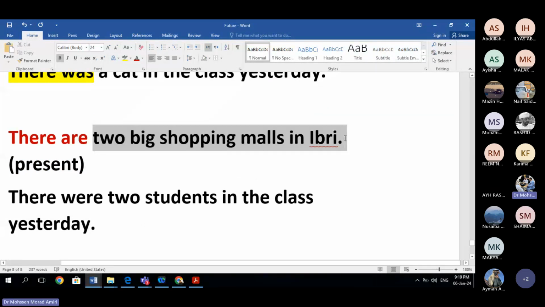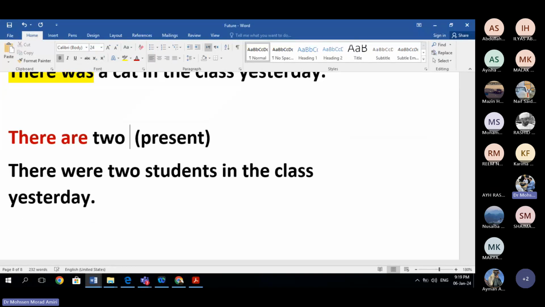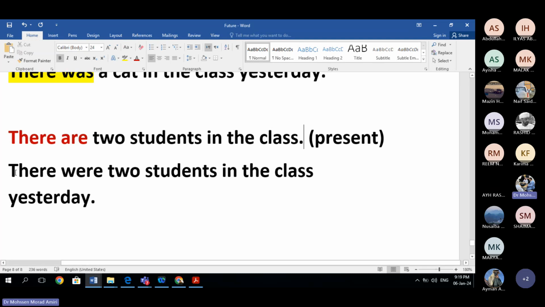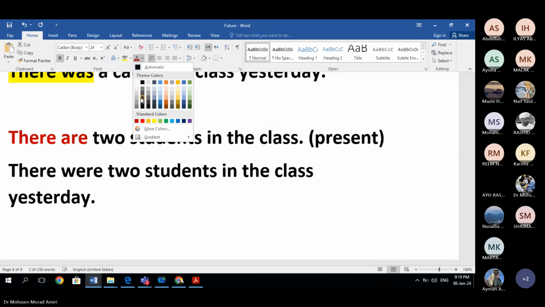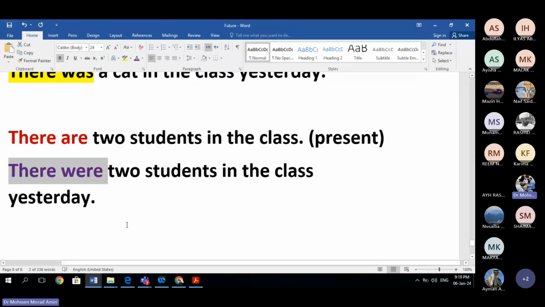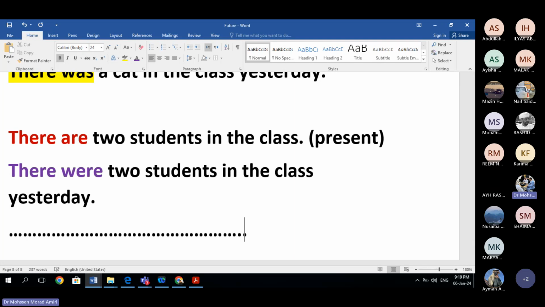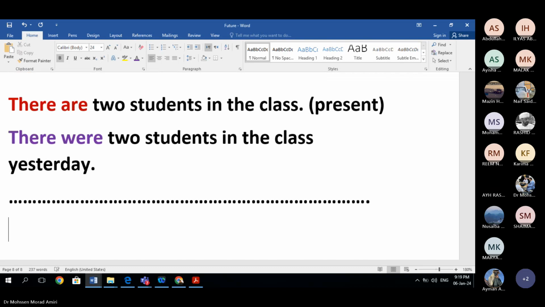Or, for example, I'll change this. There are 2 students in the class. This is for there are, but for there were, when we want to write it for past tense, we say there were 2 students in the class. Okay, for example, now you're talking about something in the past, okay?